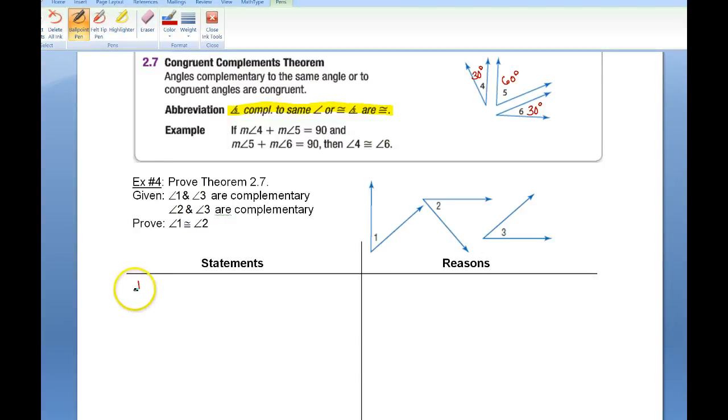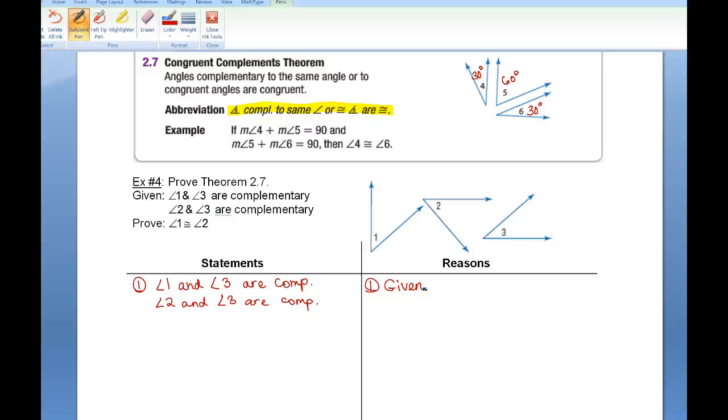Okay, so I'm going to write in angle 1 and angle 3 are complementary, and angle 2 and angle 3 are complementary. Now, at the very beginning of this lesson, I reviewed two definitions. One was the definition of supplementary angles.